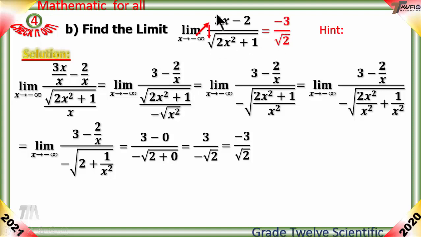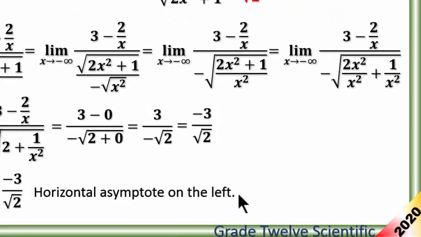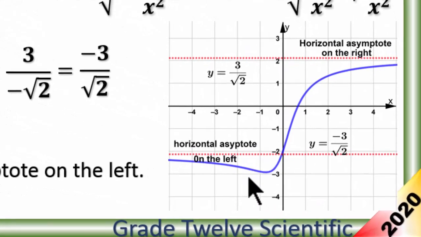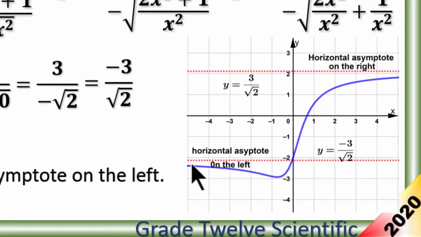Here we have 3 and here we have the square root of 2. That means it's minus 3 over the square root of 2. y is equal to minus 3 over the square root of 2 is a horizontal asymptote on the left, as we see in the graph of the function.